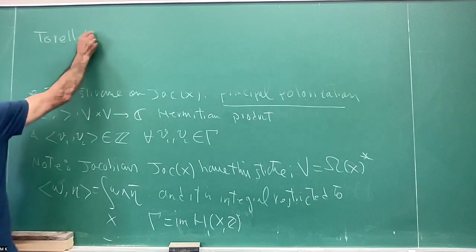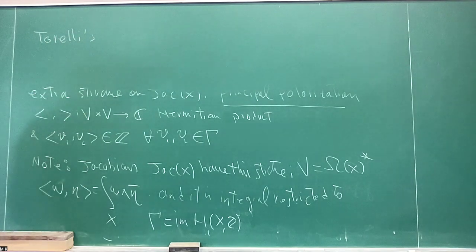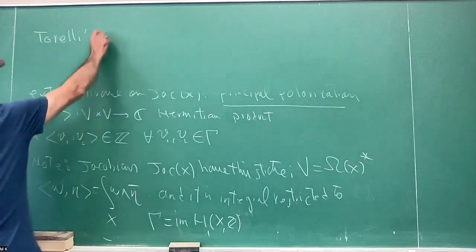But the Jacobian alone doesn't determine it. No, the Jacobian and the polarization. So this is Torelli's theorem.